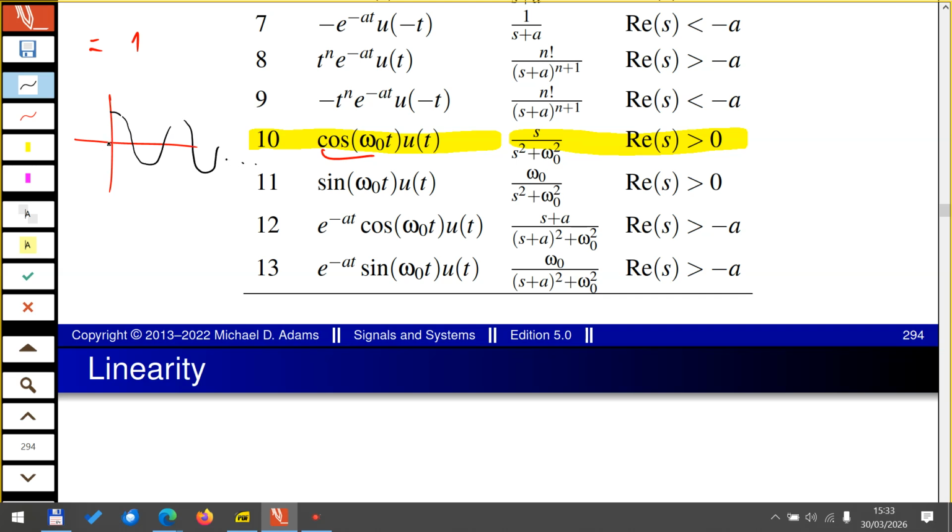And what will be there on that side? 0, right? Because of this. So that makes it which type of signal? Right-sided, but not left-sided. That's the first thing. What is the second thing? It means that the ROC must be a right half plane, but it must avoid all the poles. So it must be to the right of the rightmost poles. Where are the poles? Tell me.